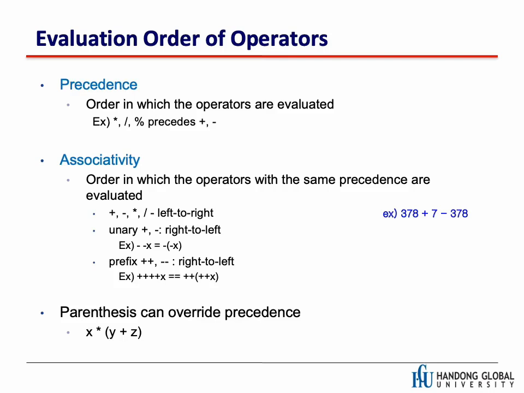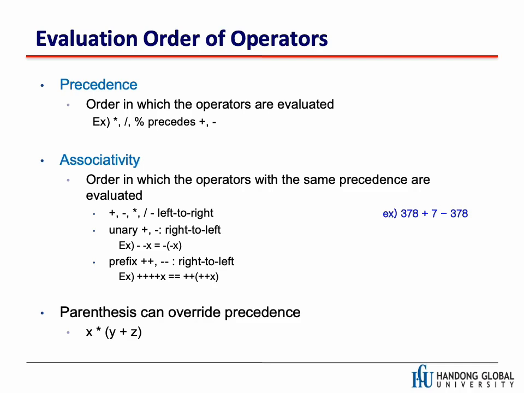When we talk about the evaluation order of operators, we have to think about some features. First one is precedence. Precedence describes the order in which the operators are evaluated. As you know, the multiplication and division operators precede plus and minus operators.